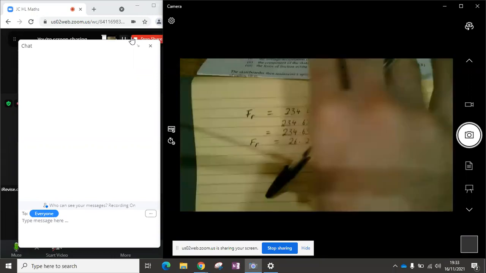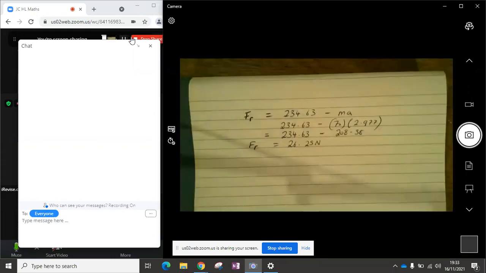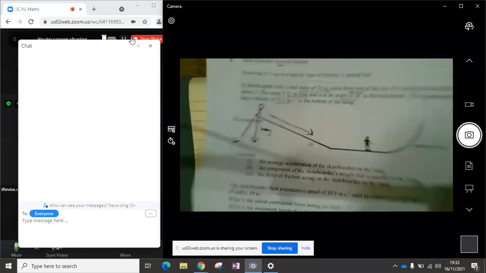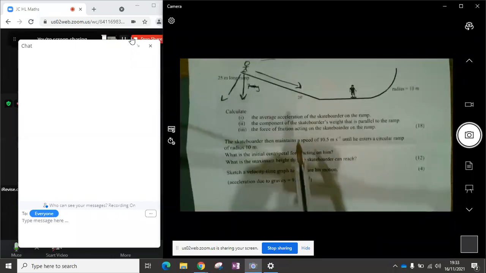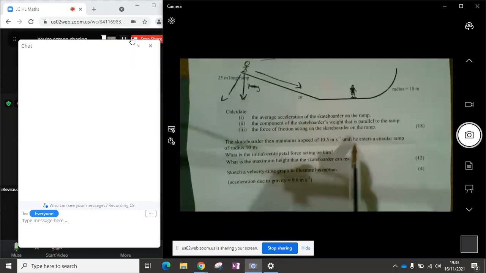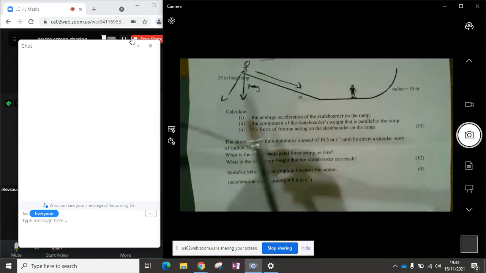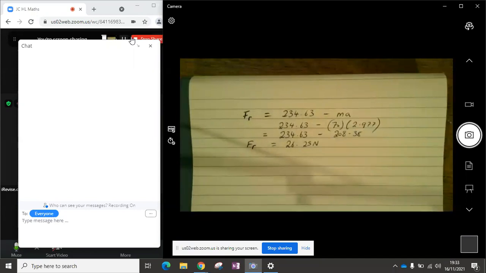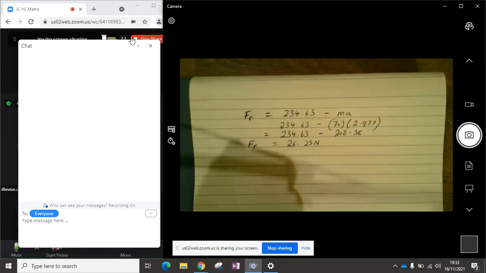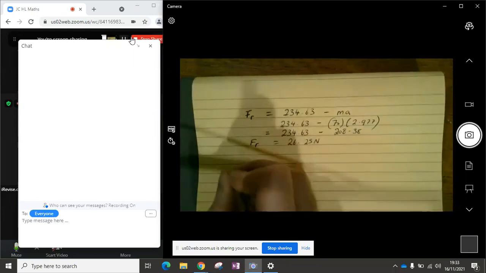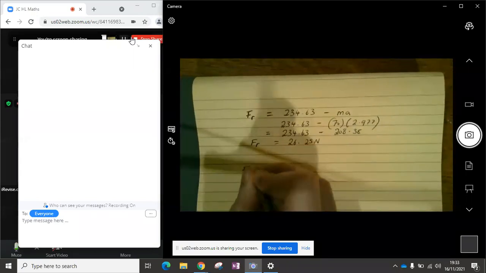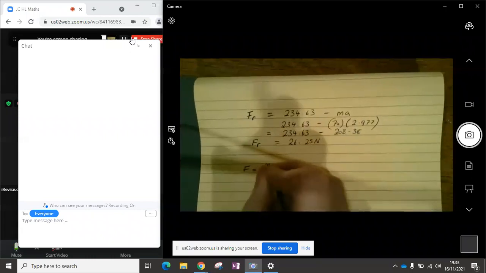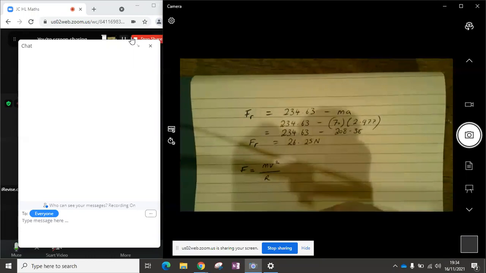Now, the next question, that is the long question. It says the skateboarder maintains a speed of 10.5 meters per second until he enters a circular ramp of radius 10. What is the initial centripetal force acting on him? The centripetal force is the force acting towards the center that keeps him moving on that radius or on that circle. So our formula for centripetal force is F equal to mv squared over r.